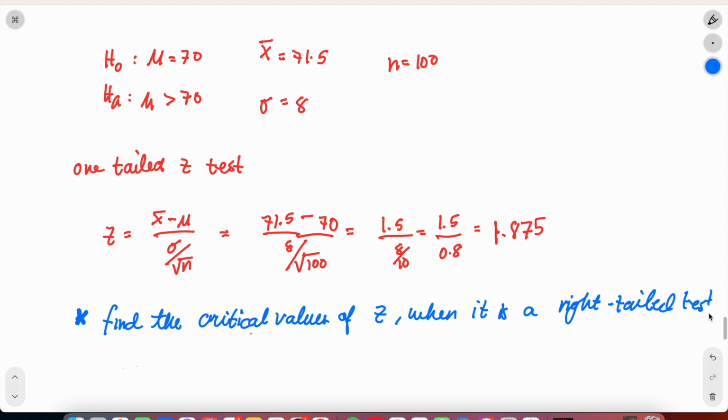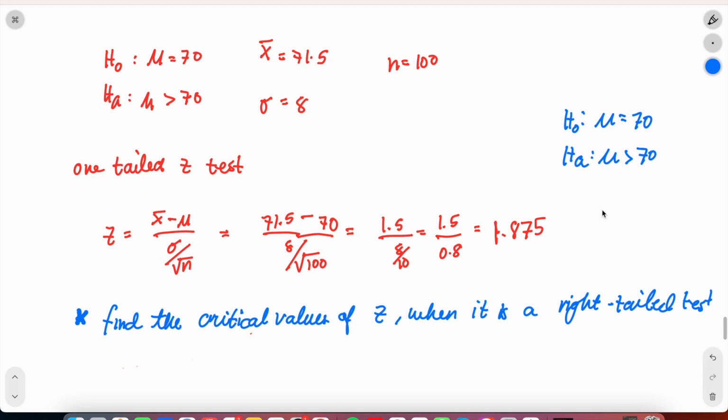Okay, what do you mean by right-tailed? Do you remember that our null was mu equals 70 and our alternative is mu greater than 70, right? So this is right-tailed because our inequality sign here is facing to the right.